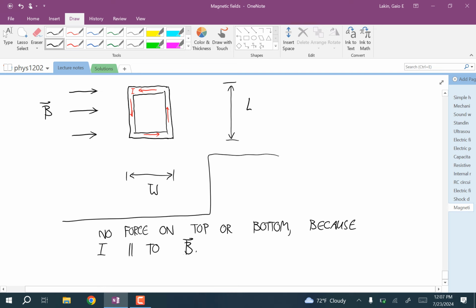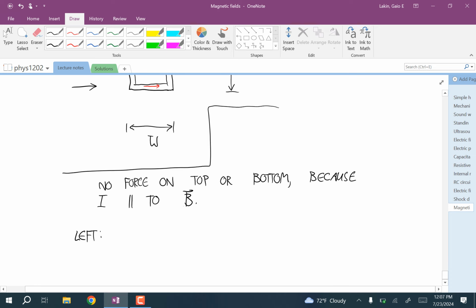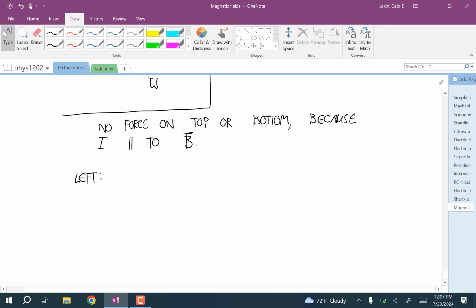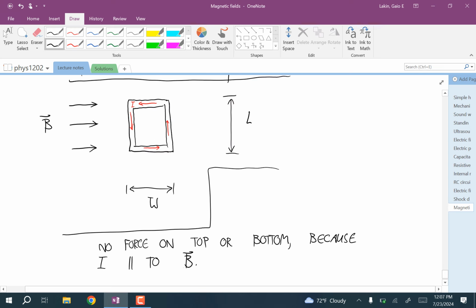Okay, so what about the one on the left and the one on the right? On the left, we could calculate that force based on I and B and the length L. But let's just think about the directions. Figuring out the numbers is the easy part. So what about the directions?